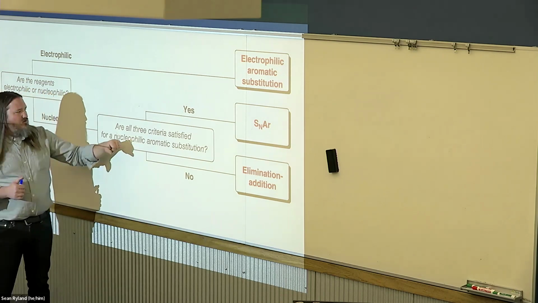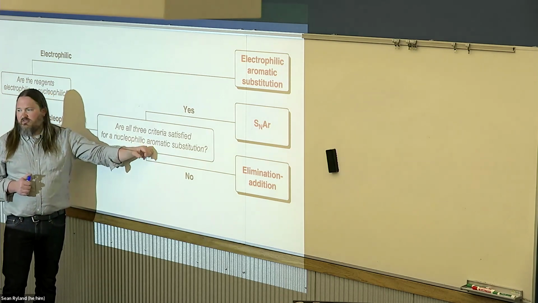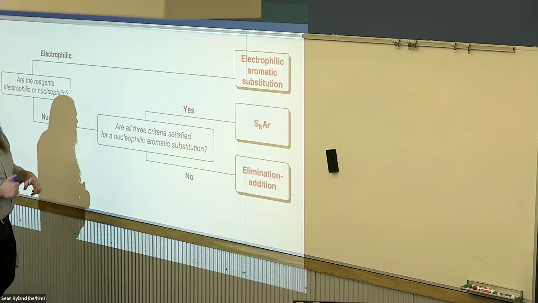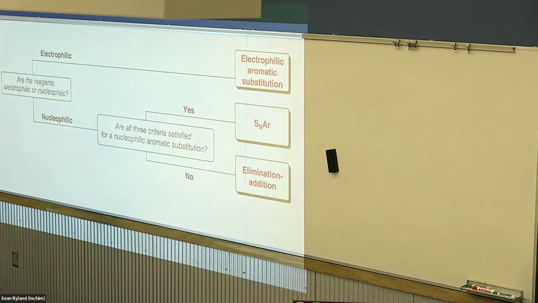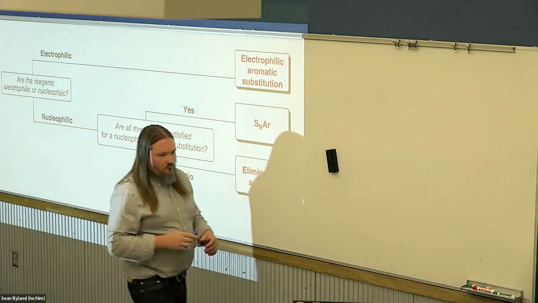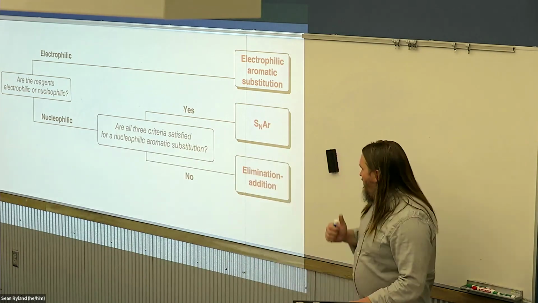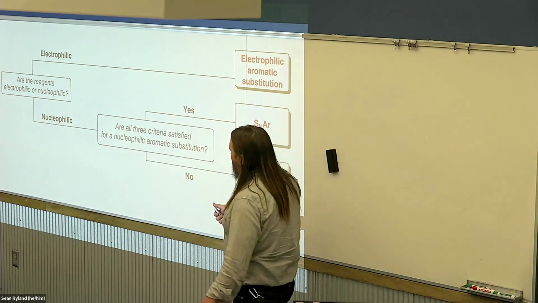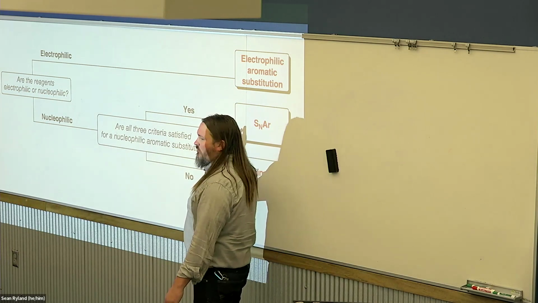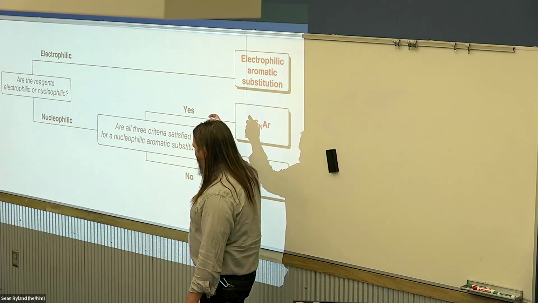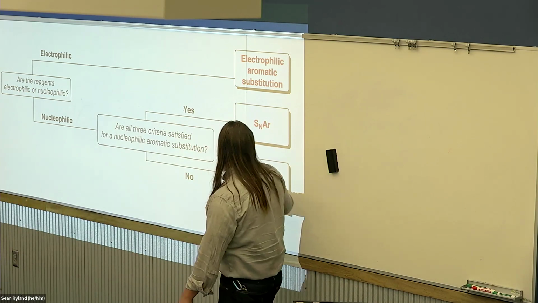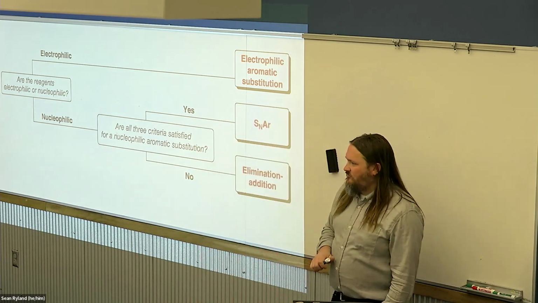And if it's going to be a nucleophilic aromatic substitution, we also need that withdrawing group in the para position. And then if we have strong nucleophiles and a good leaving group, but we don't have an electron withdrawing group, if we heat it up enough, we can get elimination addition.